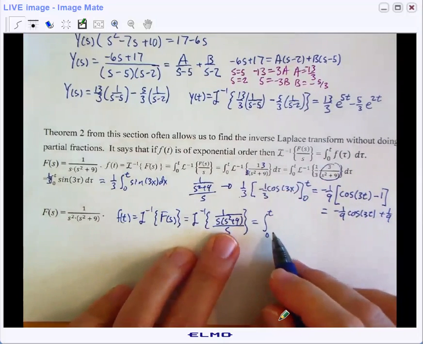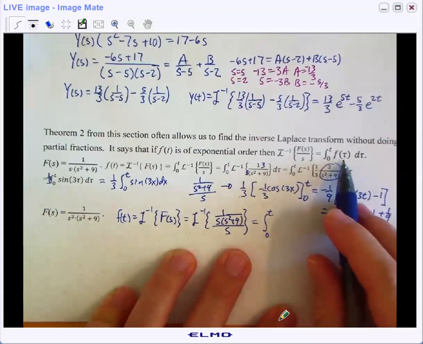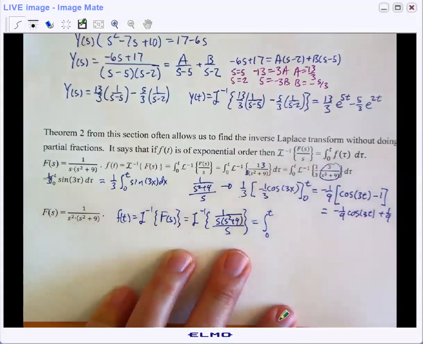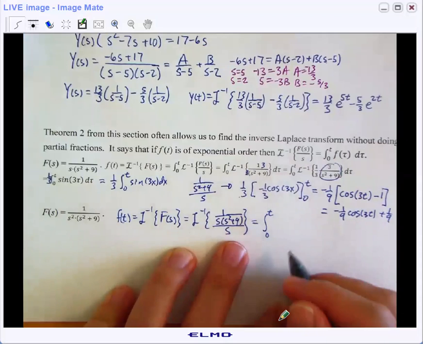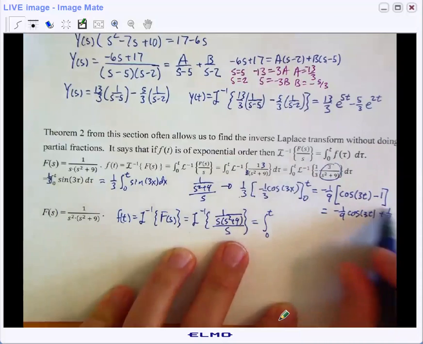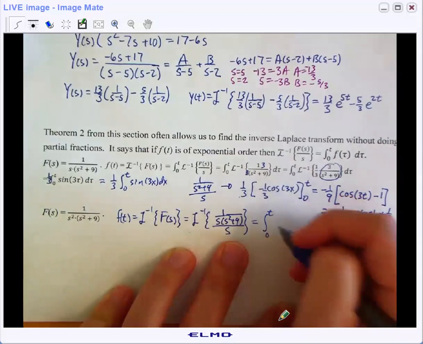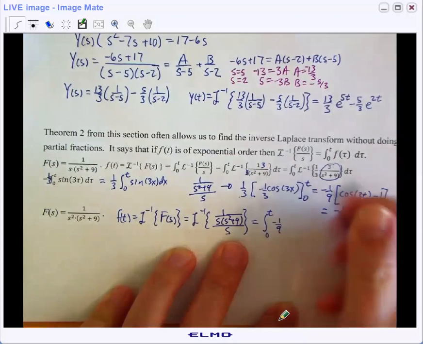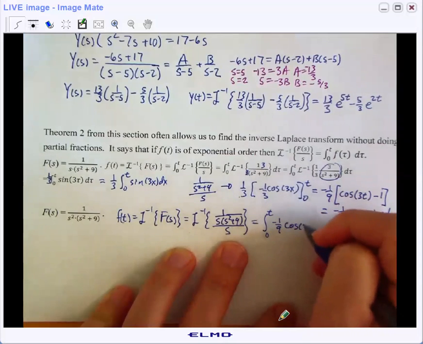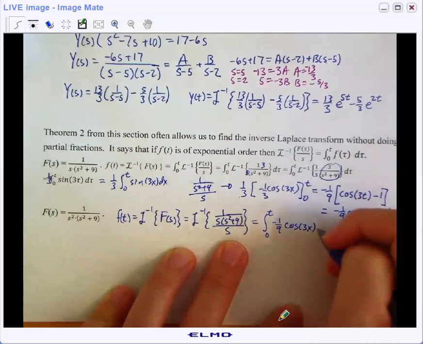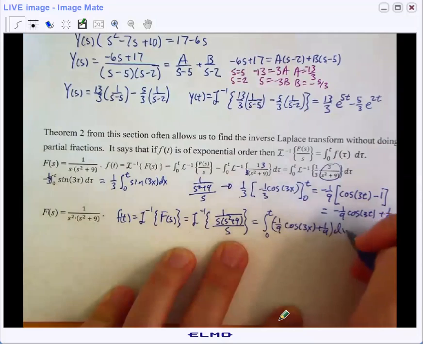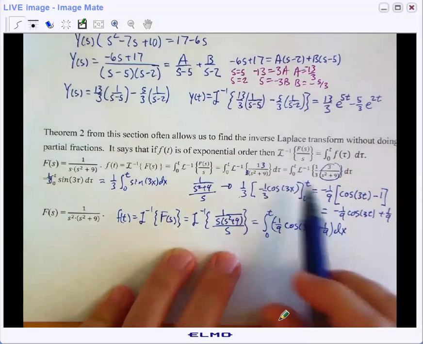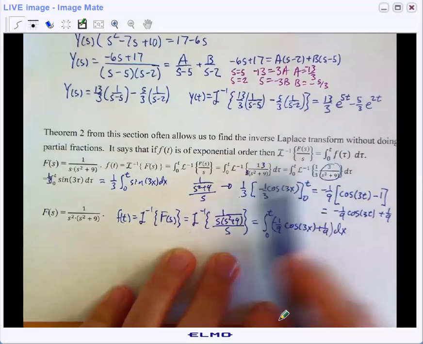And so instead of tau for our variable, we can use x. So this is going to be the integral from 0 to t of this guy, but I'll use the dummy variable x. So negative 1/9 cosine of 3x plus 1/9 dx.